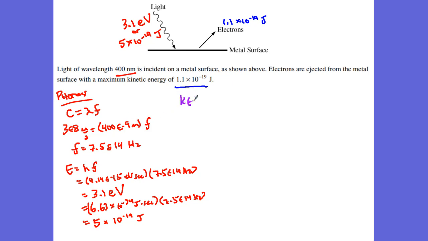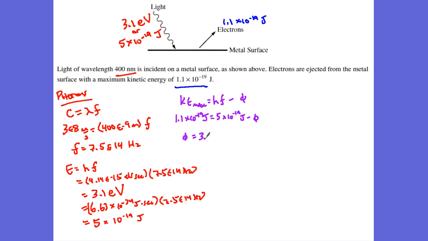So you can say kinetic energy max equals hf minus the work function. What's my maximum kinetic energy? 1.1 times 10 to the negative 19 joules. And that equals my, remember, this number is my waves, so 5 times 10 to the negative 19th joules minus my work function, which is how much energy the metal absorbed.